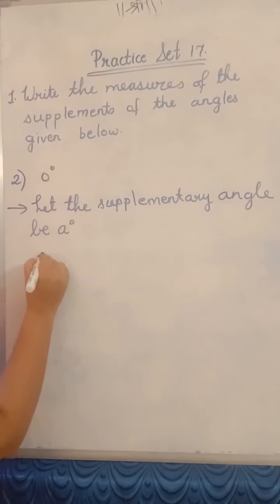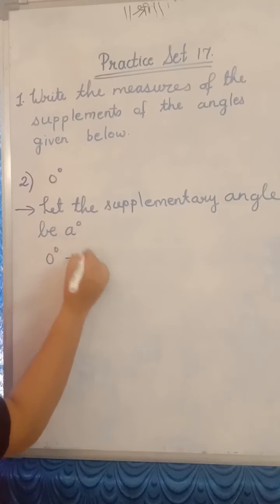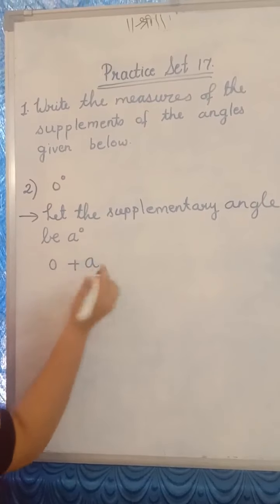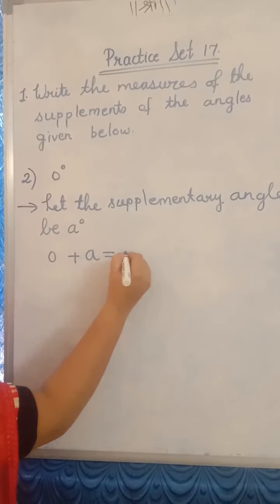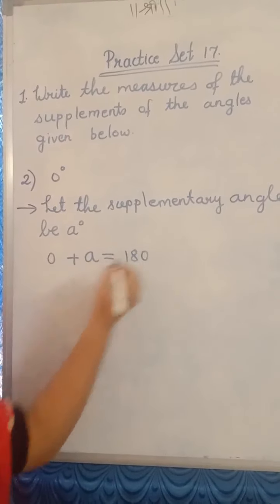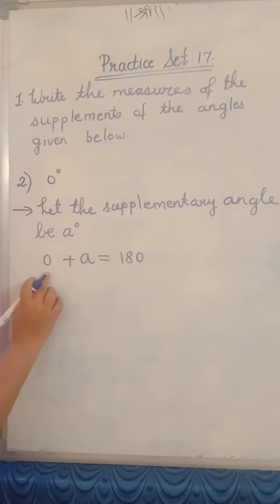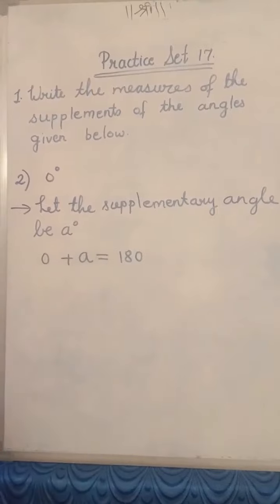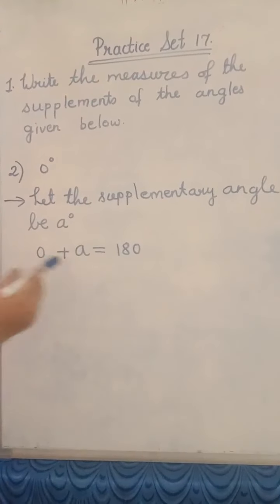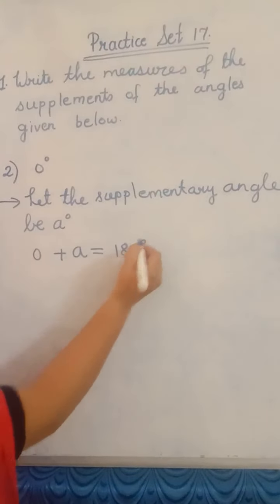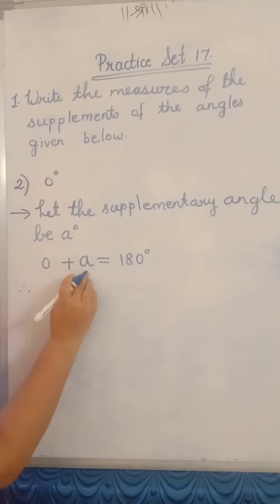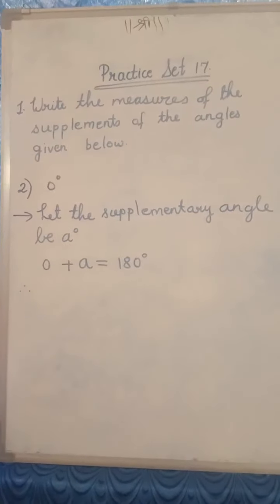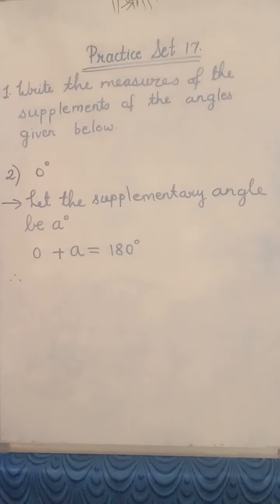One is 0 degrees plus the other is A, and both of their measures will sum to 180. Keep in mind this is not O, this is 0. We have to find the value of A. When we want to find the value of A, we look at the other number, which is 0.